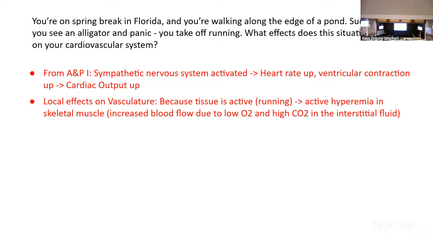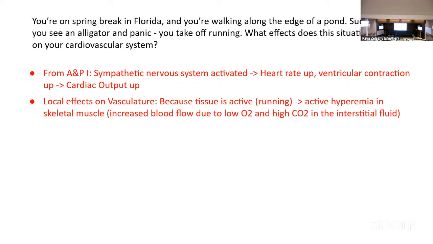When we're going on this run, running away, we're activating our skeletal muscle, our tissue is moving, we're using muscle, which means we're burning energy, which means we're depleting oxygen as we do our cellular respiration, using oxygen to burn up glucose, basically. Okay. So we're going to see that we need increased blood flow to the skeletal muscle.